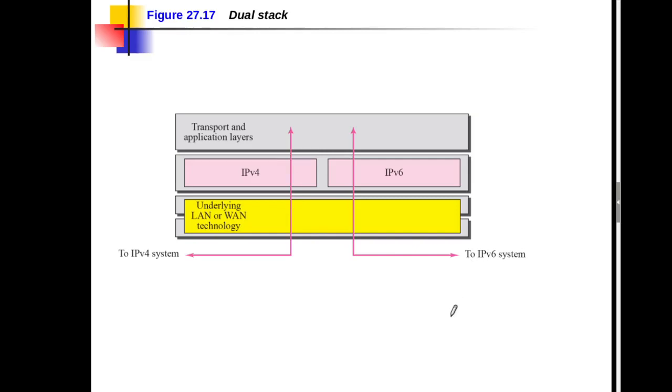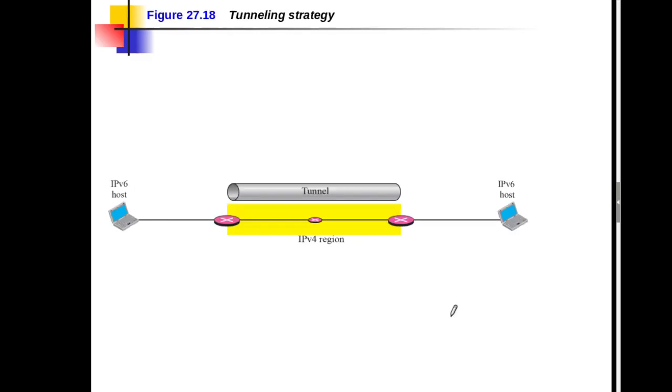Now the other thing is the tunneling strategy, where you have an IP version 6 host and you want to send data to another IP version 6 host, but there is a certain region in between which is IP version 4. So you will have a tunnel, where you have the IP version 6 header and payload.